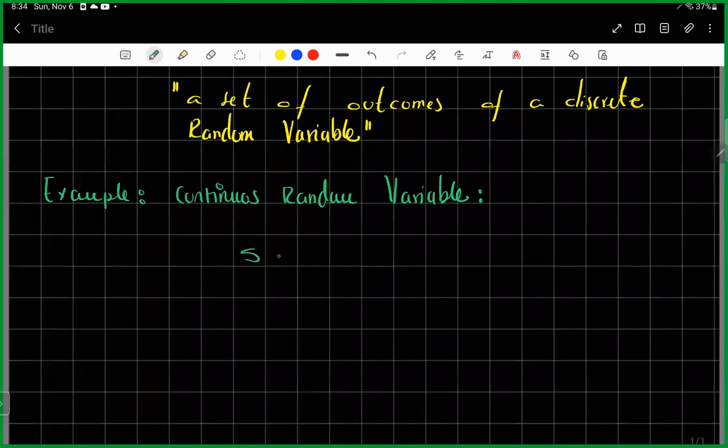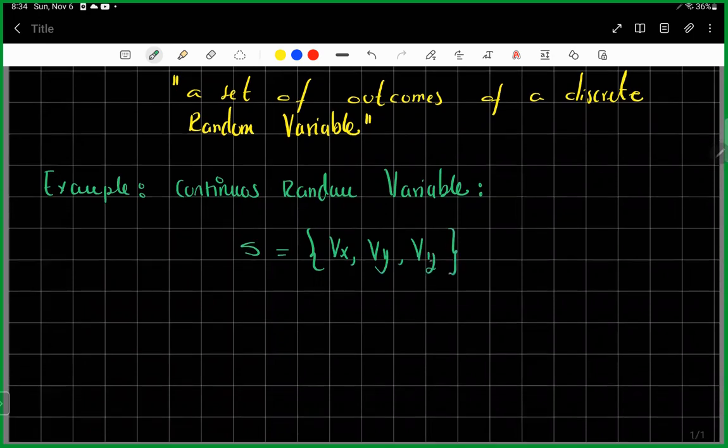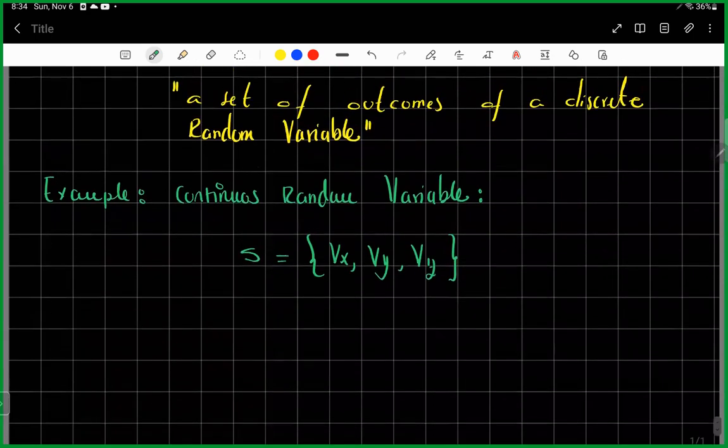So S is just a set of continuous values for an experiment, for the outcome of an experiment. So this could be, for instance, the velocity in the x direction for a particle, the velocity in the y direction, or the velocity in the z direction. Okay, then this is a continuous random variable which has a set of outcomes which are continuous.